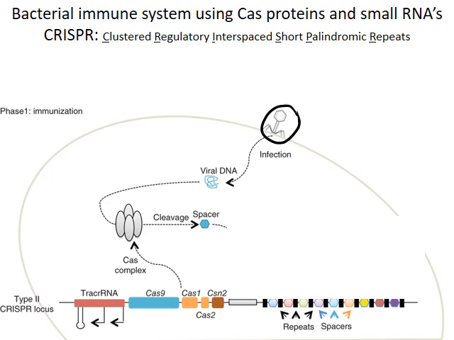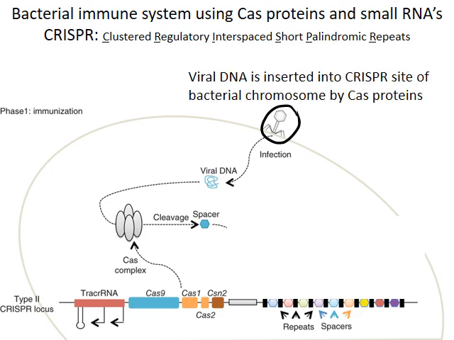And now these spacers, which basically are short sequences from the viral DNA, are going to be incorporated into this CRISPR region of the bacterial DNA. CRISPR stands for clustered regularly interspaced short palindromic repeats. That refers to these little black segments here, which are repeats that repeat over and over.